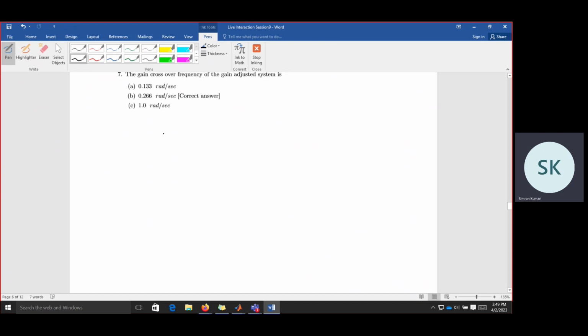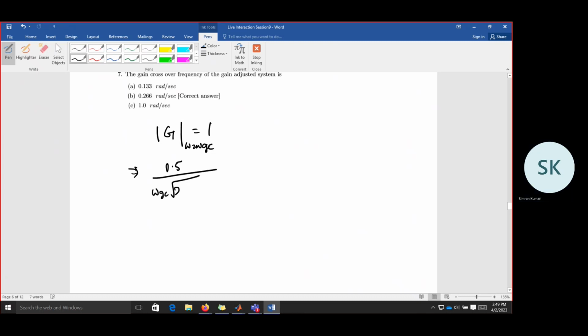Let us proceed faster. What is the gain crossover frequency? The gain crossover frequency we can find out at this frequency. What is the magnitude of this one? G should be 1 at omega equal to gain crossover frequency. And this is simply 0.5 by omega GC, 2 omega GC square plus 1, and this is 25 omega GC square plus 1.